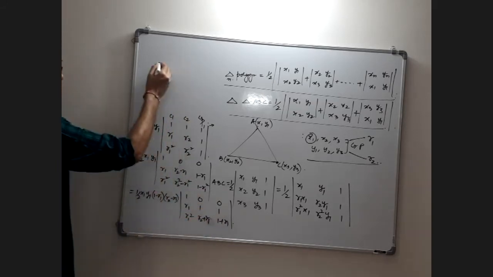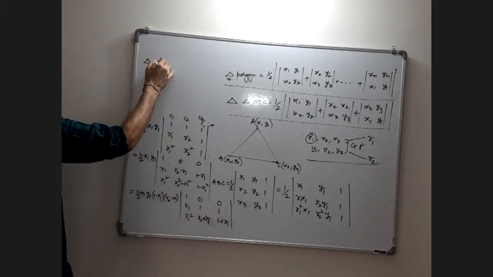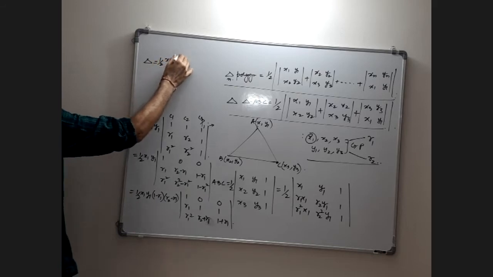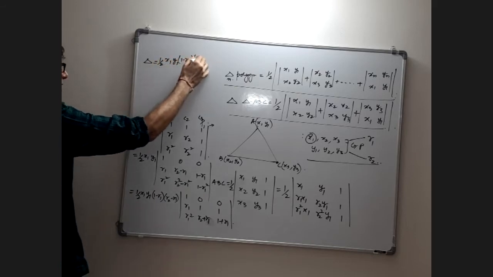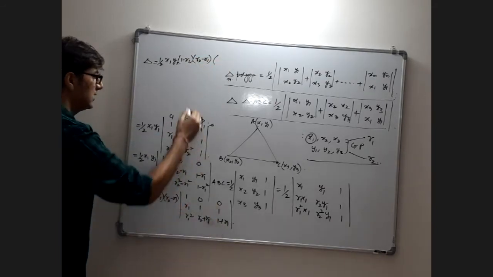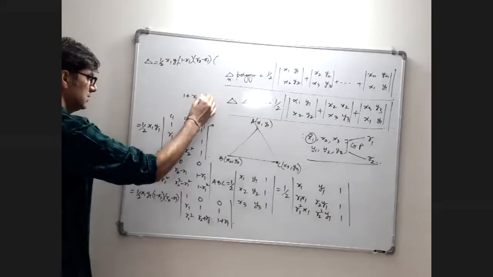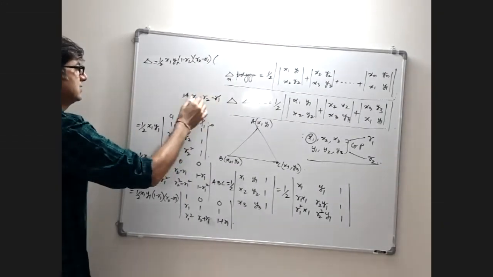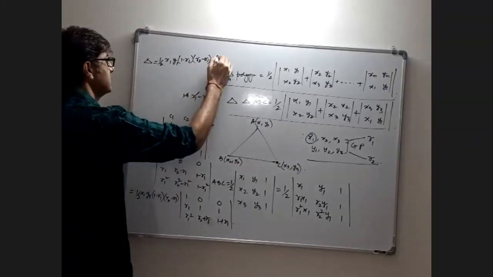So the area is going to be 1 upon 2 x1 y1, 1 minus R1, R2 minus R1 into, what will it become here? 1 plus R2 minus R2 minus R1. This and this will cancel, leaving 1 minus R2.